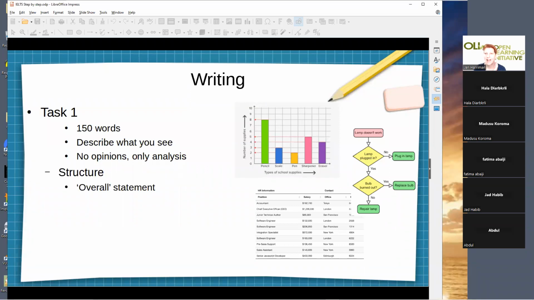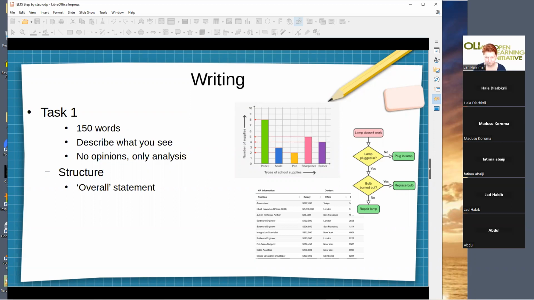So start with an overall statement. Overall, this chart, so you start with a pure description. The bar chart describes office supplies, I'm sorry, school supplies by quantity. All right.